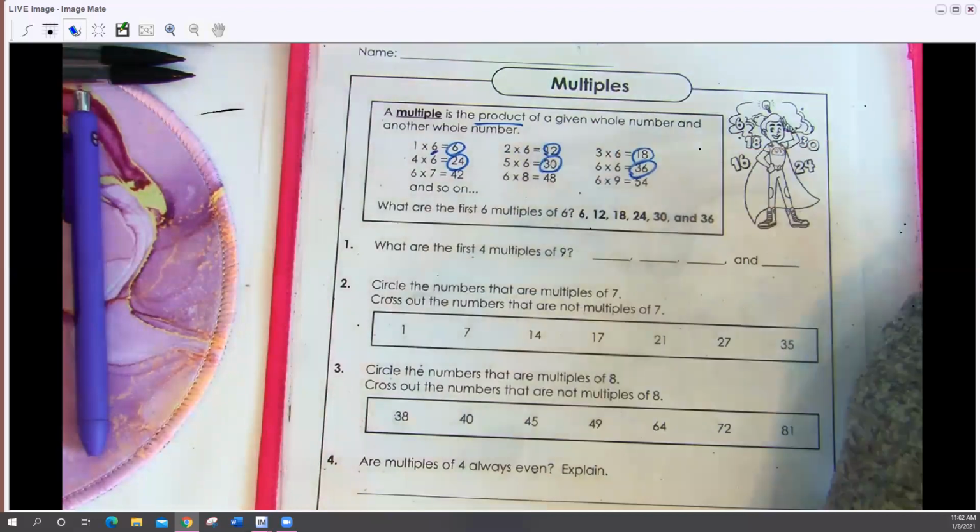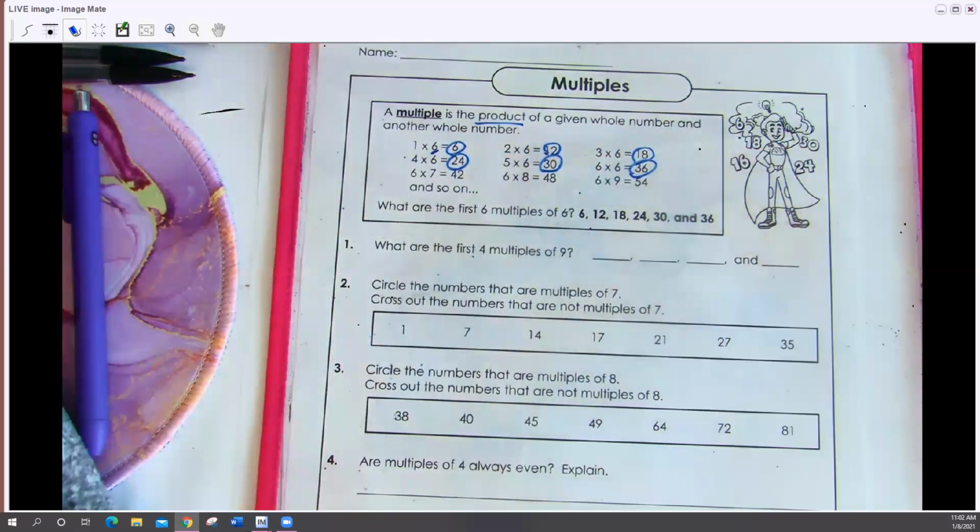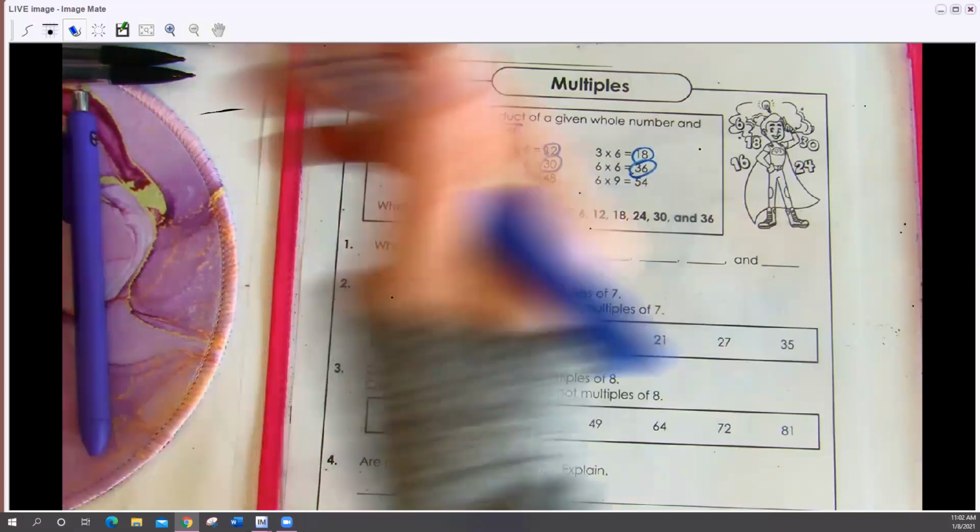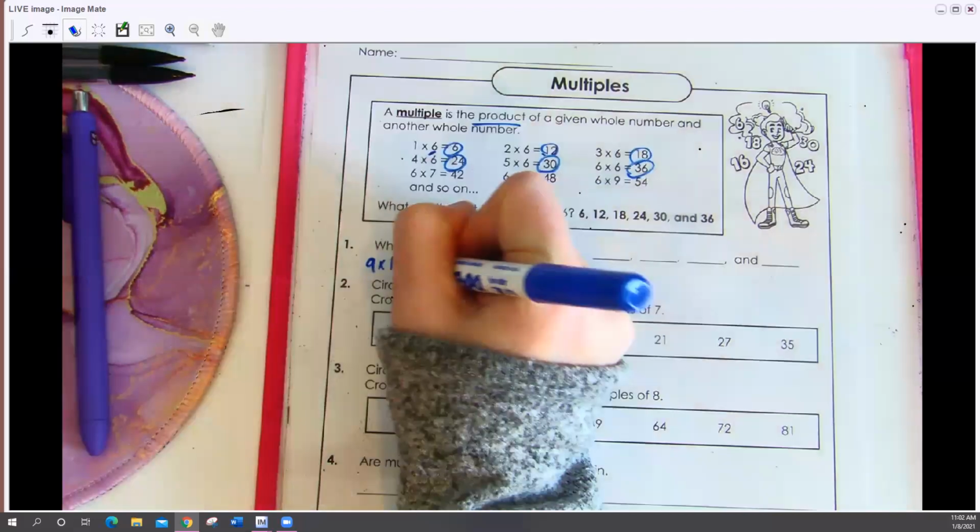So when we want to do the first 4 multiples of 9, we have to think about what the answer is going to be, I should say, of 9 times 1, 9 times 2, 9 times 3, and so on. I'm just going to write it over here: 9 times 1 equals 9, right?